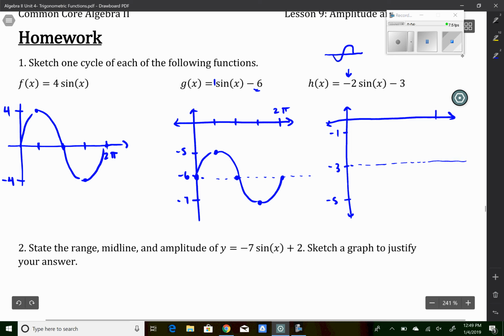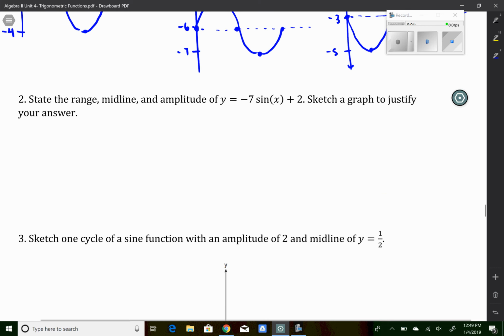Midline's still -3. We're still going to cut it into our 4 pieces. Sine curve, so it still starts at the midline. But instead of starting by going up, it's going to start by going down after a quarter turn, then back up, then all the way to the maximum, and then we're back where I started.